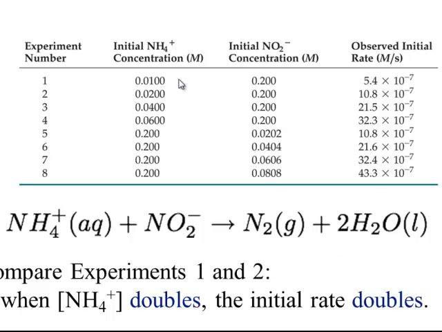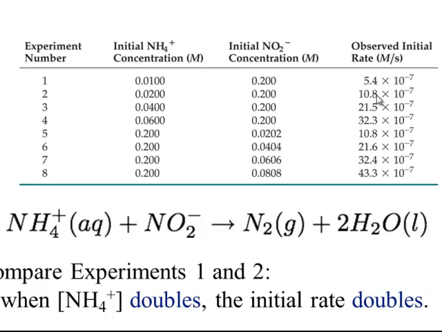Now, if you look at this data properly, you'll realize that from experiment 1 to experiment number 2, the concentration of nitrite ions is kept the same, but the concentration of ammonium ions is doubled. Now, what is the effect of this doubling of concentration on the rate of the reaction?